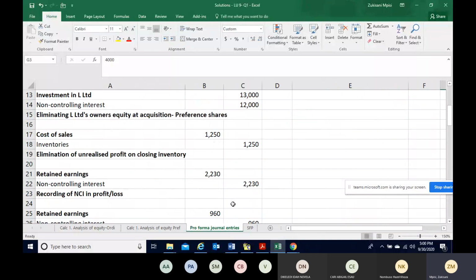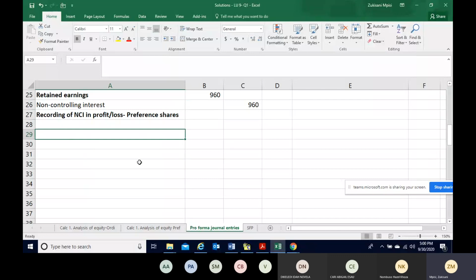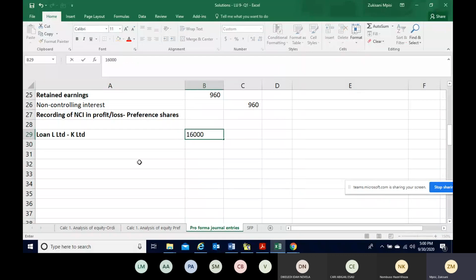So in this case, we can have elimination of the intra-group transaction. It's the loan sitting in L Ltd, and this is the loan owed by K Ltd. What is sitting on K Ltd's books on the liabilities? It is 16,000.